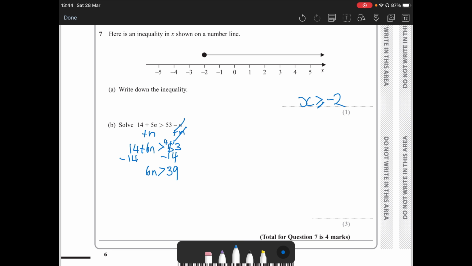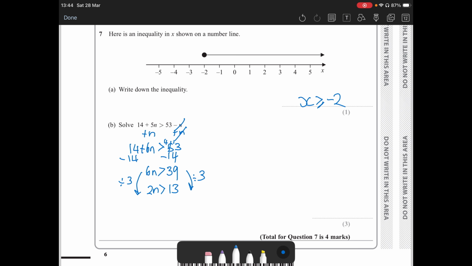I'm going to divide both sides by, and I know what a lot of you are thinking, divide by 6. I'm going to do something a little bit different to begin with. I'm going to divide by 3 first because I've noticed that both of these numbers are in the 3 times tables.